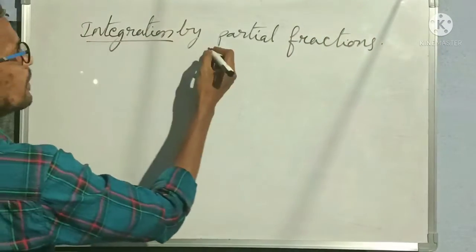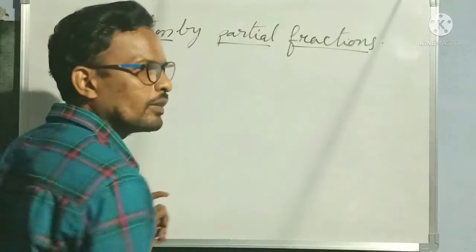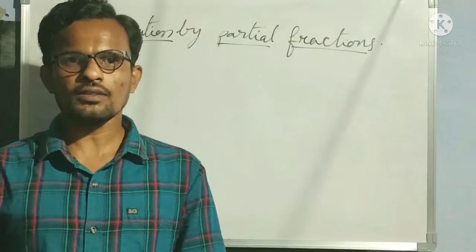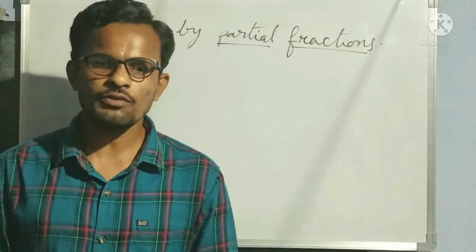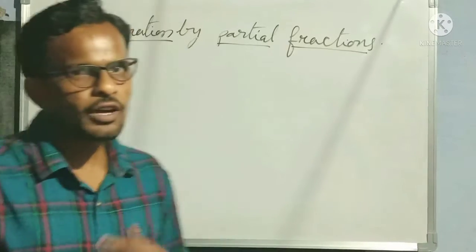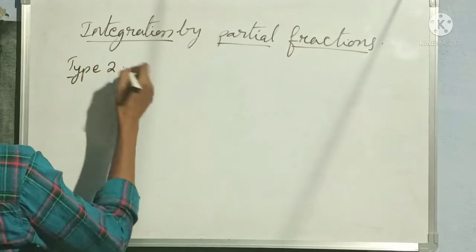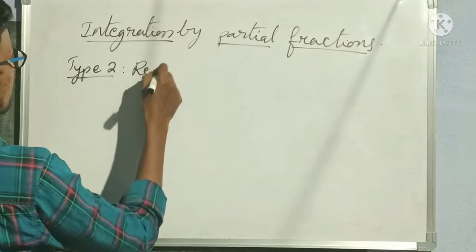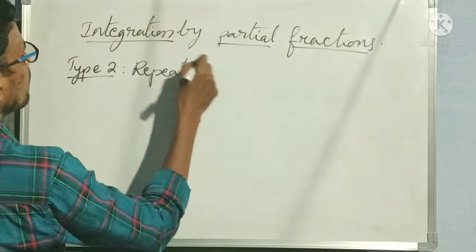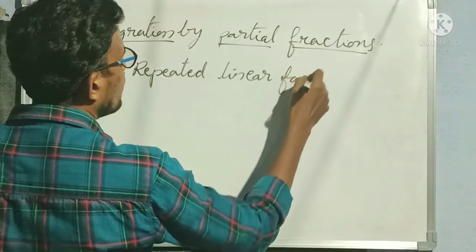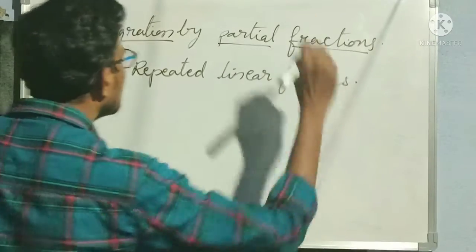Type 1 is about integration when we see linear factors, how to solve the problems. That we have seen in our type 1. Now, the advanced method of type 1, that is type 2, when we see repeated linear factors. When we see repeated linear factors in an integration question, then how to find the integral of that question?